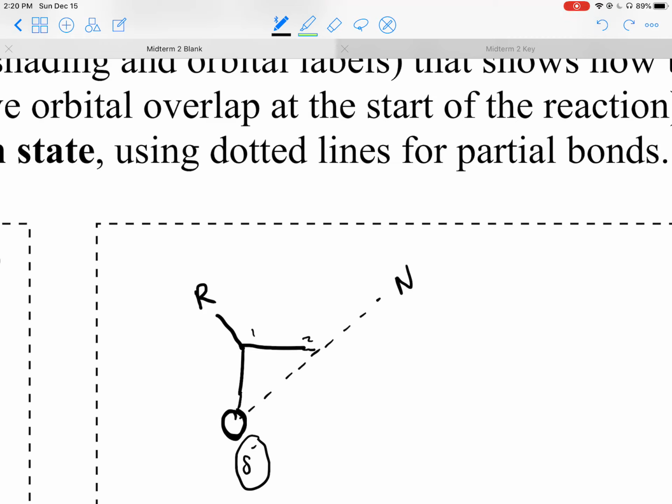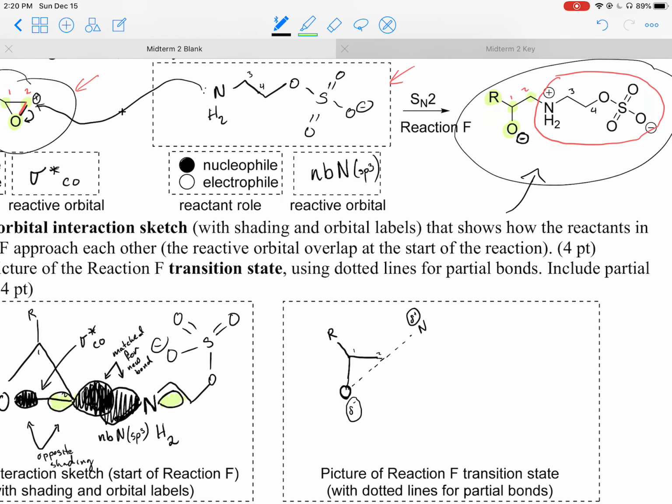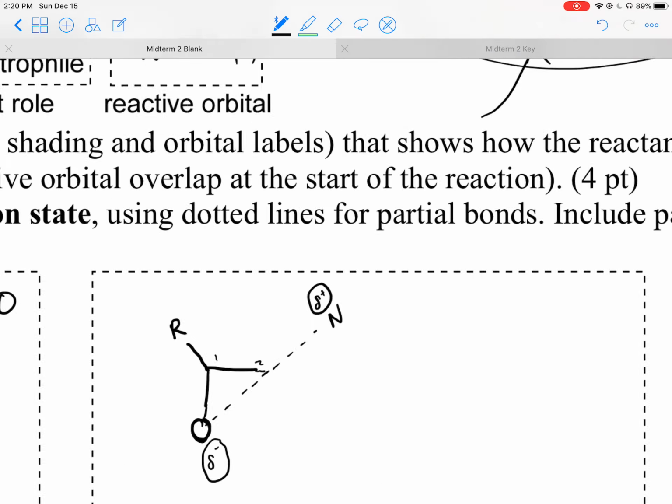And the lone pair on nitrogen is going to make the bond between the nitrogen and carbon 2, so that's going to have a partial positive. It's going to have a positive charge at the end because it's turning its lone pair into a bond, and so it has one less electron around it in a way.